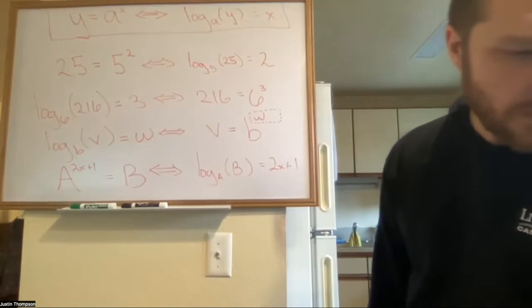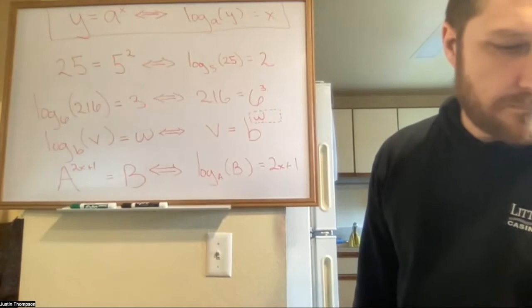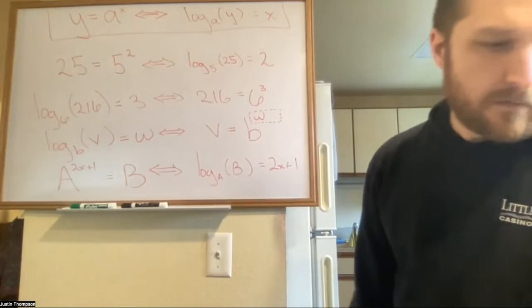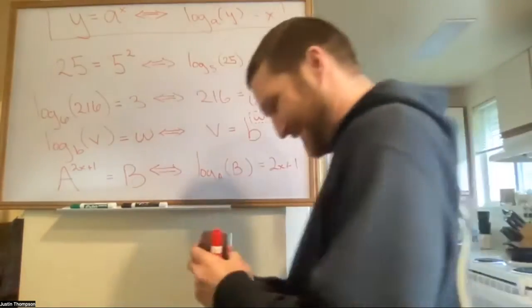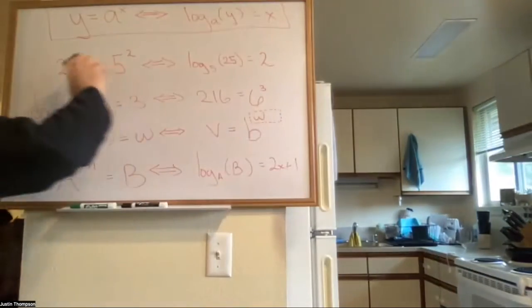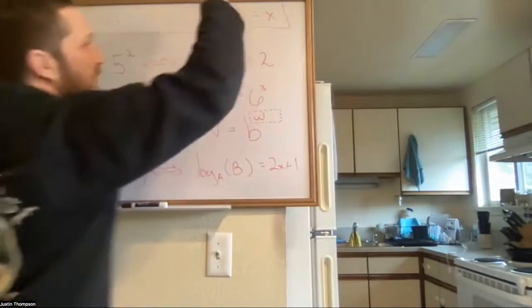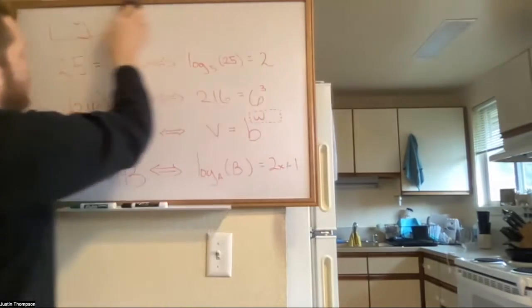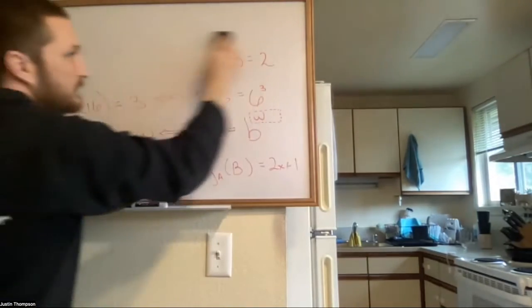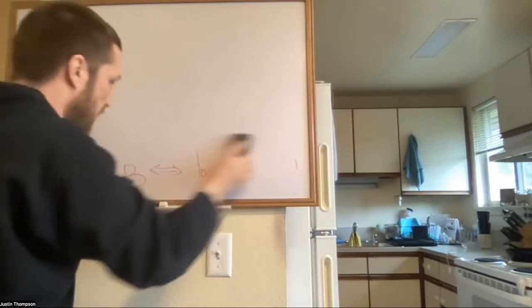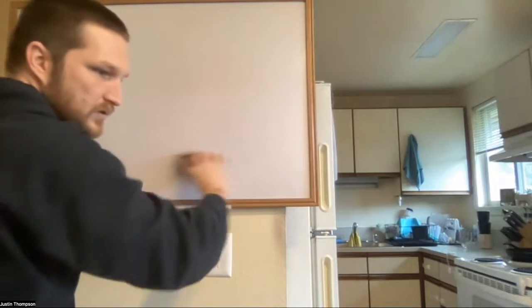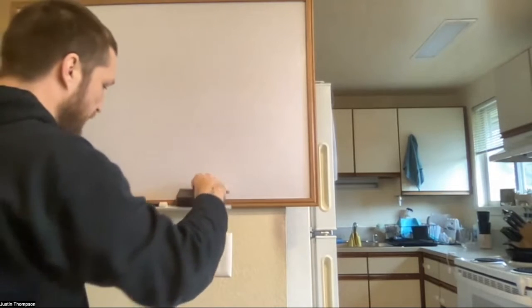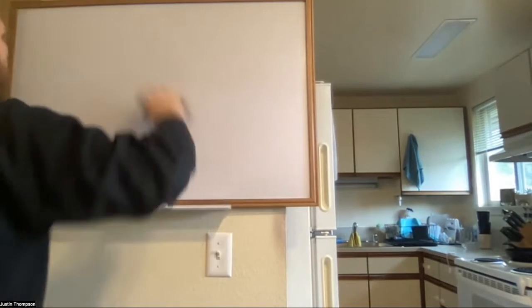So, okay, now, you ready to really break your brain? Okay, so, am I good to erase? Yeah. All this, okay, so kind of like what we did last time, we're going to work by analogy.